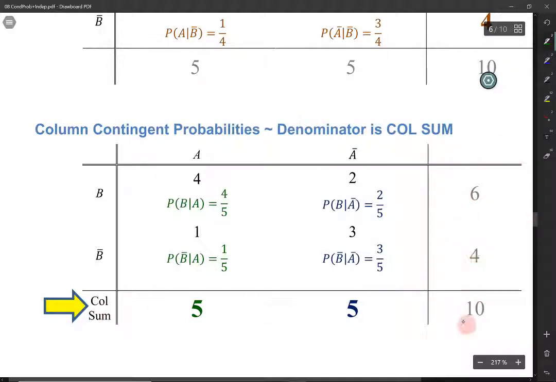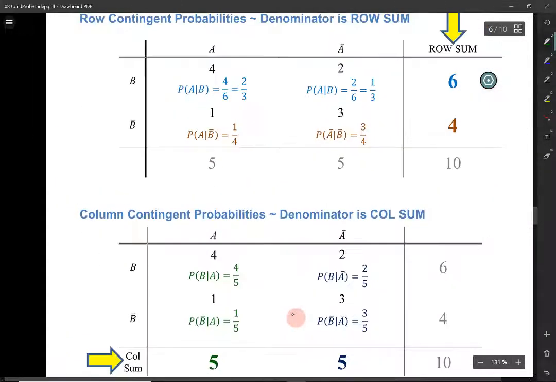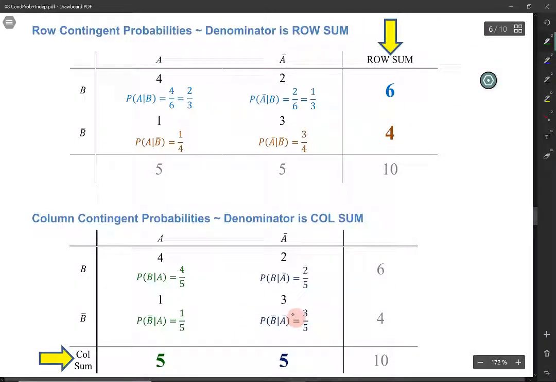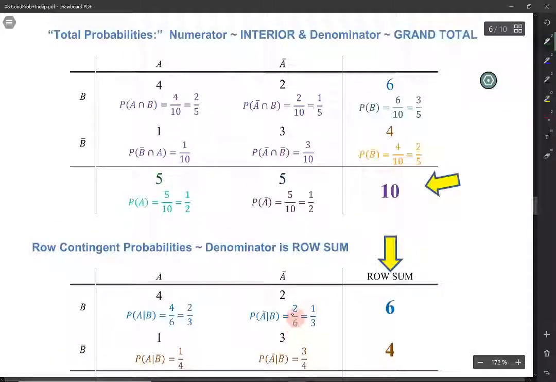So now this is not important. And then here both denominators are 5, and so we're using just this column contingent probability.